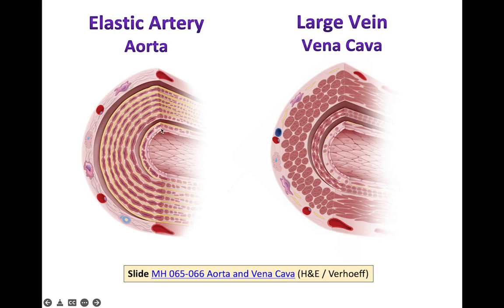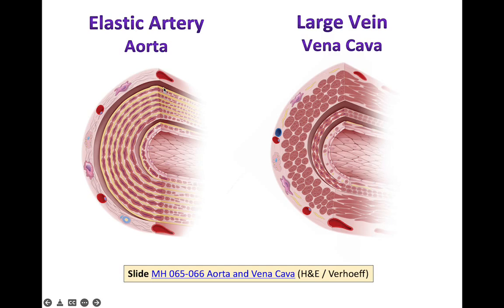Then in the tunica intima, we have endothelium, subendothelial connective tissue, some smooth muscle fibers, and also the internal elastic lamina. So this constitutes the tunica intima.